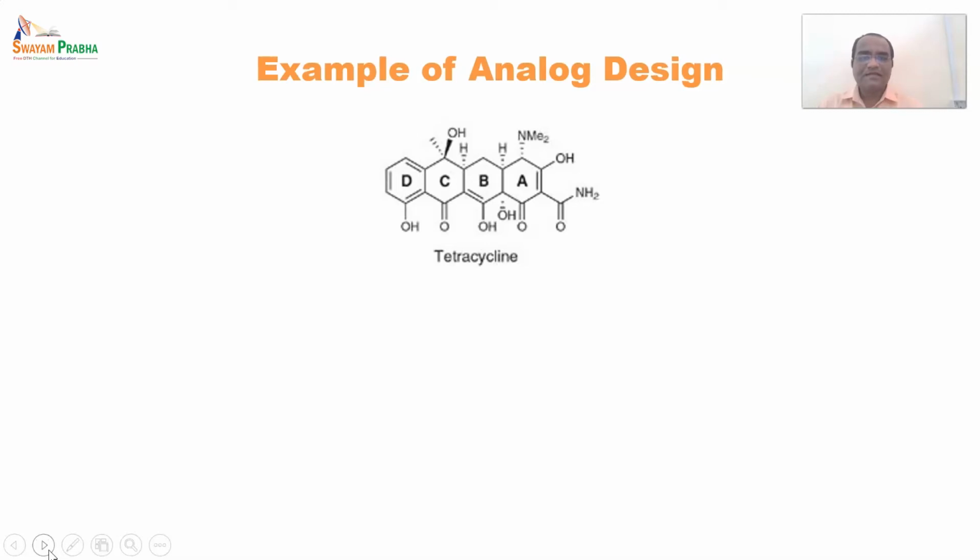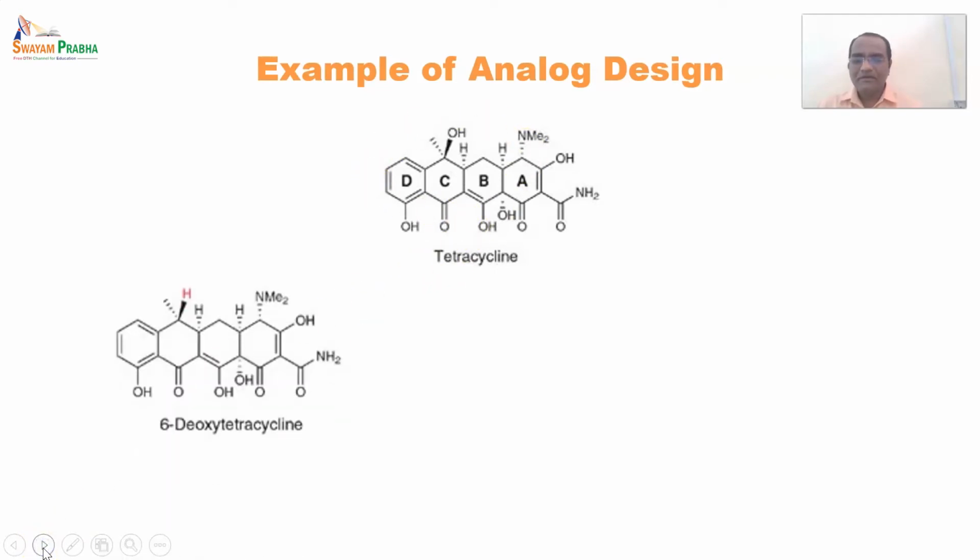This tetracycline is a basic moiety having 4 rings, with a hydroxyl group at some positions and a carbonyl group at some positions. There is a little bit of modification in these 4 rings, so we'll see one by one. Here you can see the structure of 6-deoxytetracycline. Instead of this OH, it has been replaced by H.